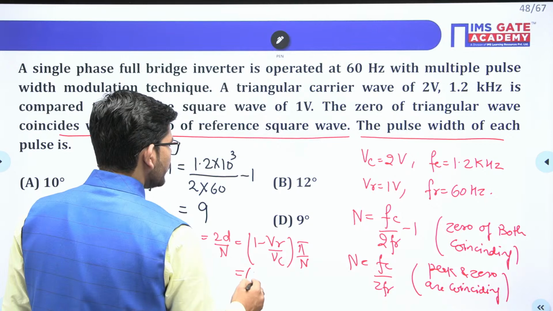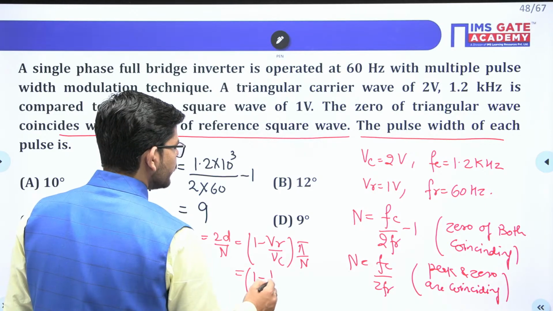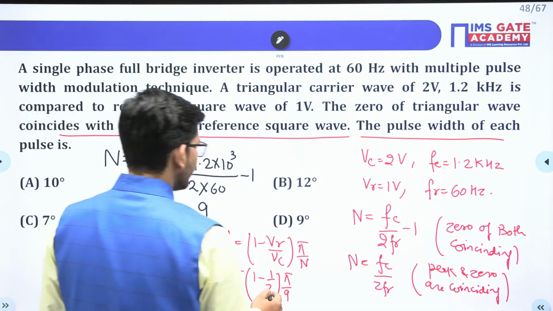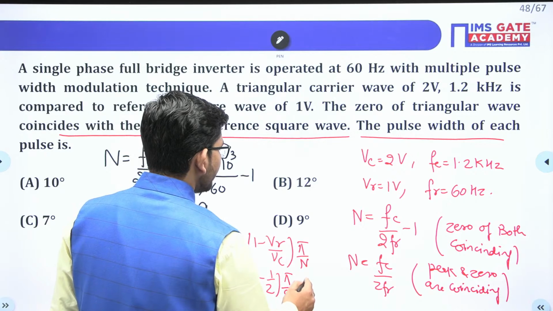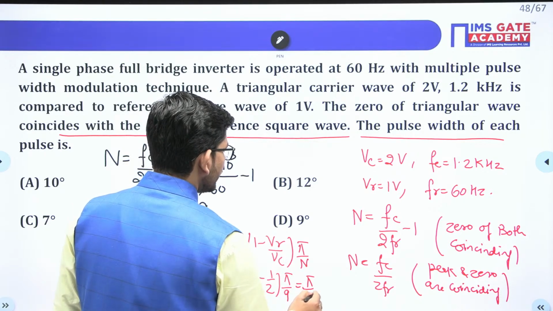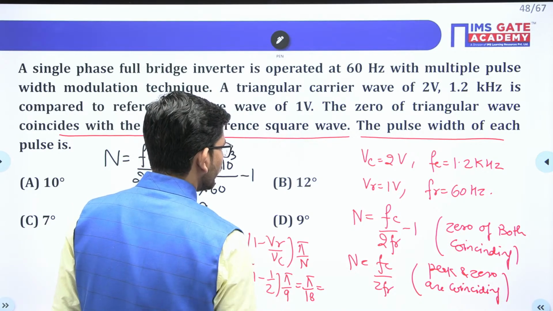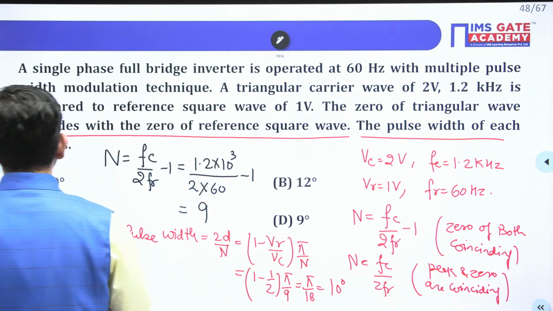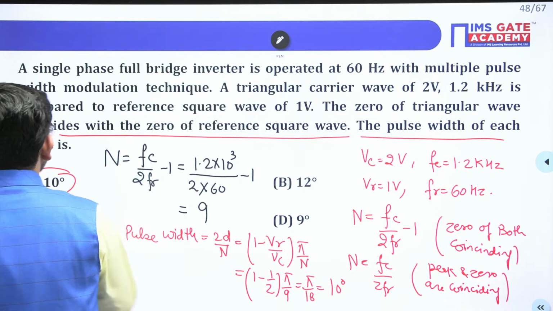Put the values here. The value of VR is 1, VC is 2, and the number of pulses is 9. So how much do you get from here? Pi by 18, or 180 upon 18, that is 10 degrees. So do we have any option? Yes, option A is the correct answer.